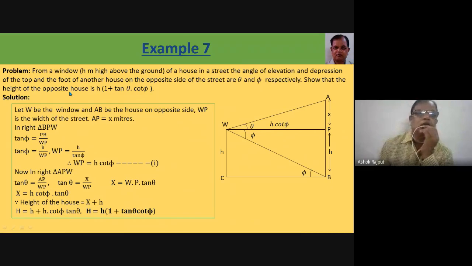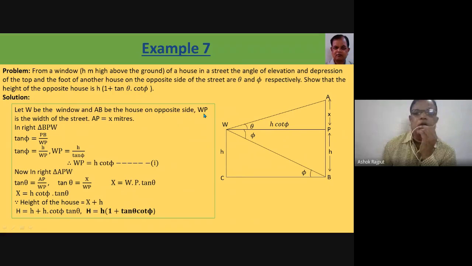As we are seeing, let W be the window and AB be the house.